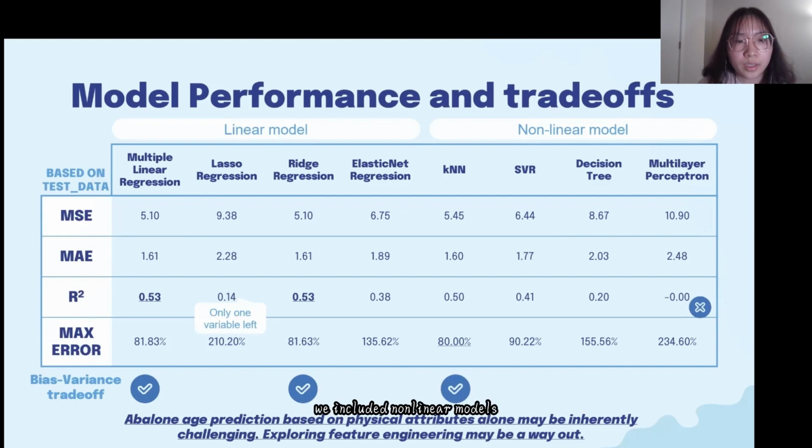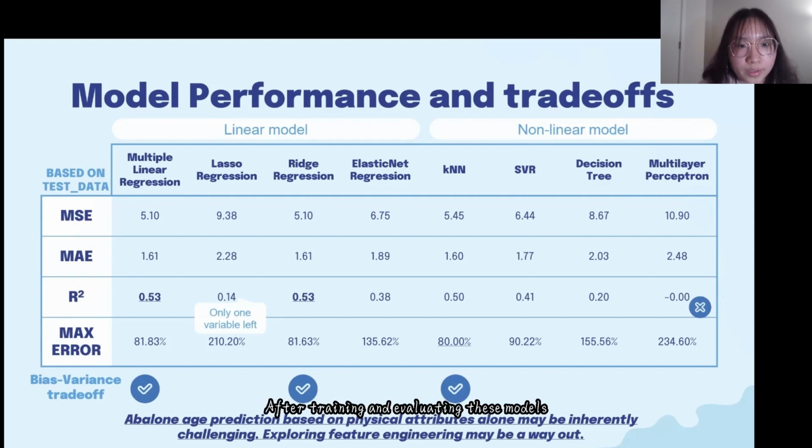Next, we included nonlinear models that can capture local relationships in the data. SVR applies kernel functions for complex mapping, decision tree handles hierarchical decision making, and MLP can learn complex patterns when properly tuned.